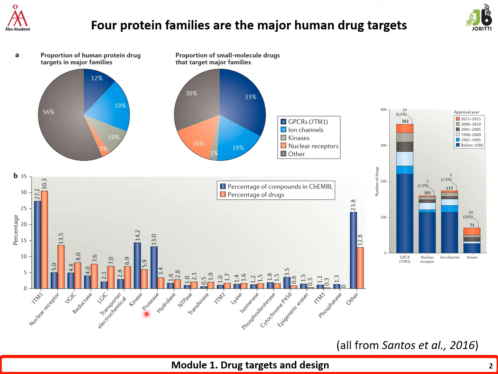Take a look at the figure. The left diagram shows the distribution of human drug targets by gene family, while the right one depicts the distribution by the fraction of drugs targeting those families. As one can easily see, the historical dominance of 4 families, namely GPCRs, ion channels, kinases, and nuclear receptors, is clear.